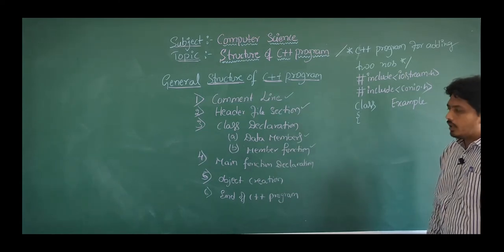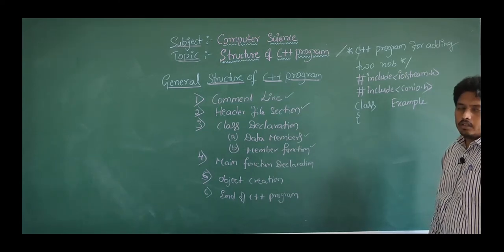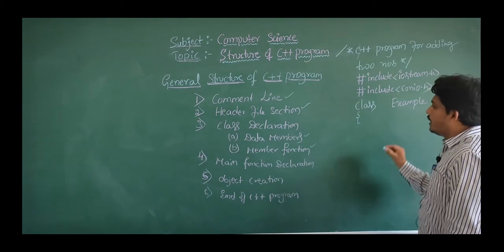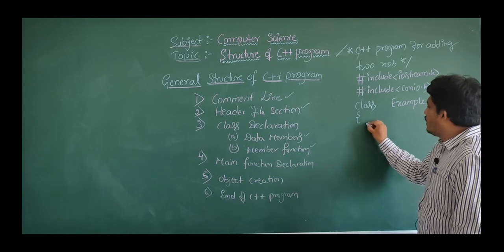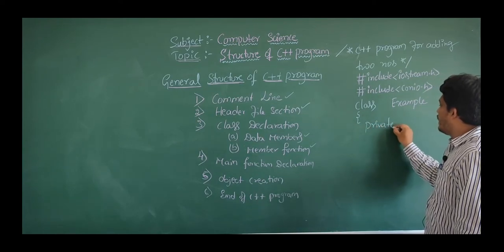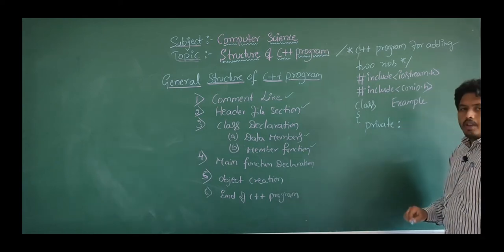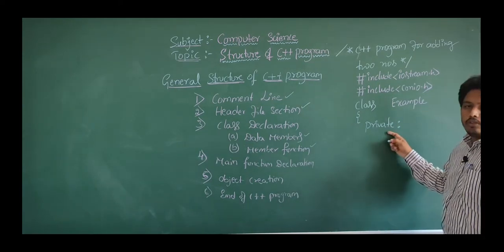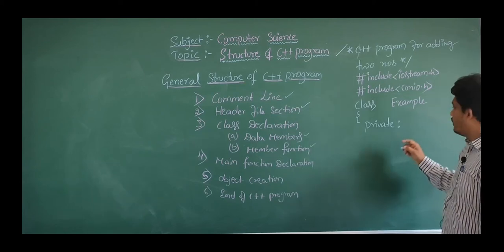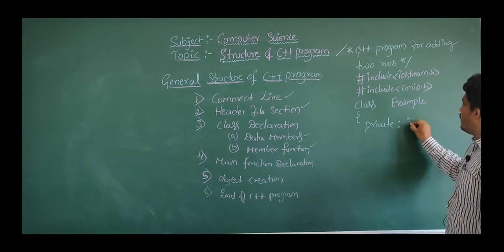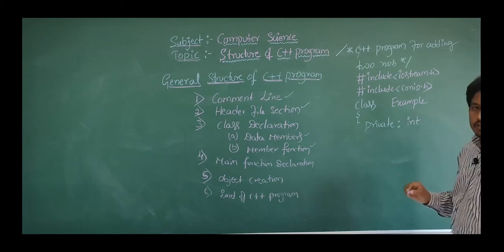Data members are nothing but the variables that we use in our program. While writing data members, you have to declare an access specifier. We have three types of access specifier; in that, we are going to use two, that is private and public. In this private section, I am going to declare my variables.